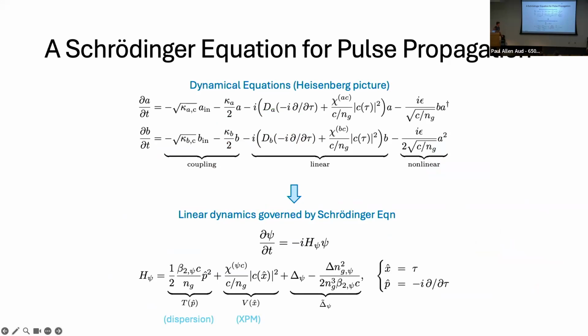These equations are dynamics that are governed by this Hamiltonian. The dispersion here, to first order, is quadratic, so you can think of the d squared over dt squared. So dB/dt is minus i times some dispersion times d squared psi over dt squared.